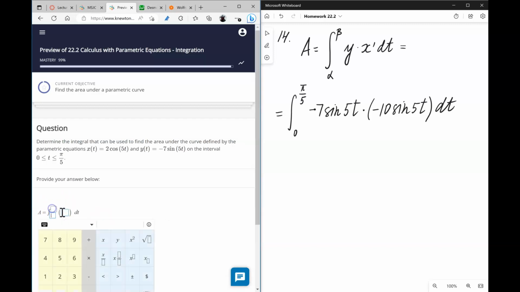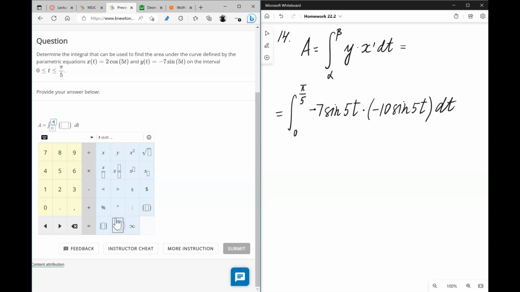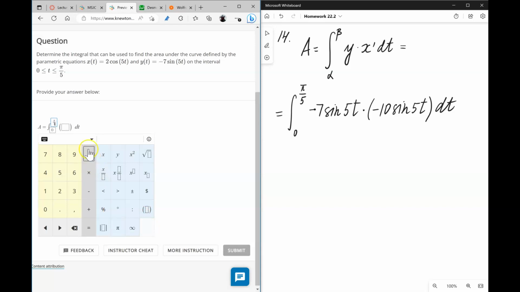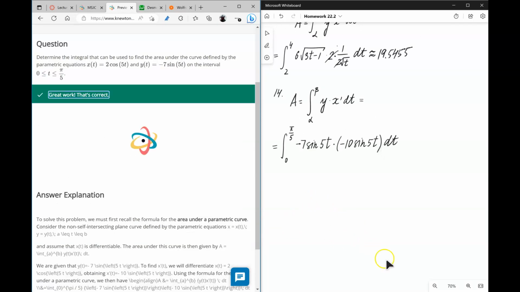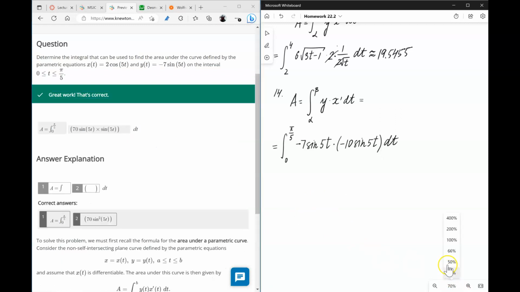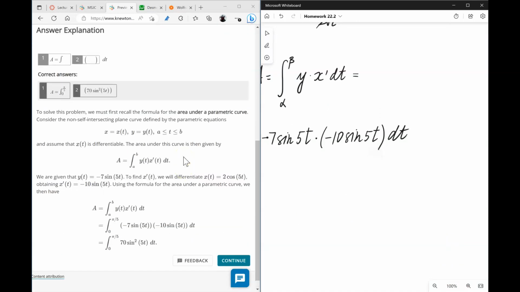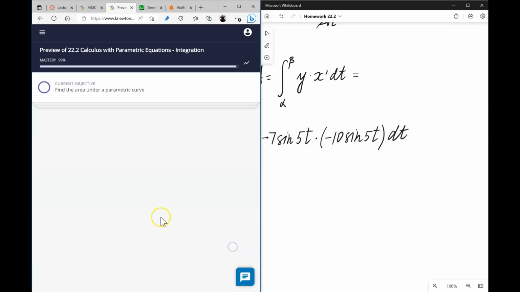So we go from 0 to, we have 70 sine of 5t times sine of 5t. And that should do it.